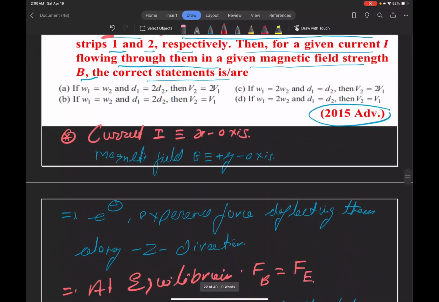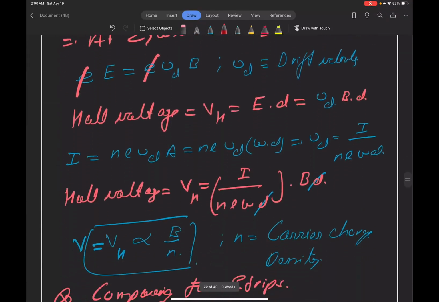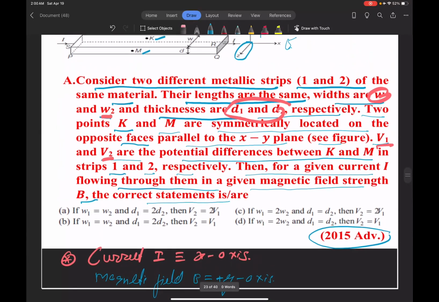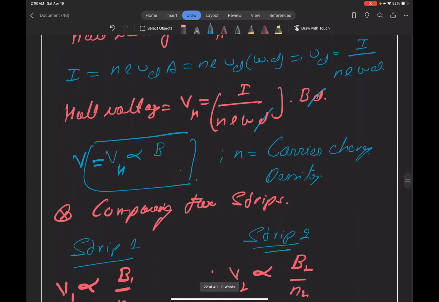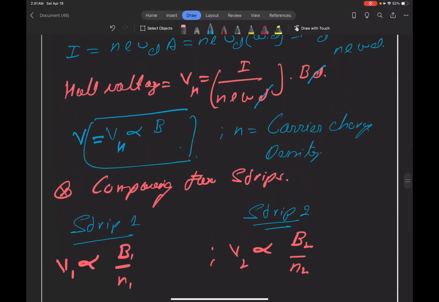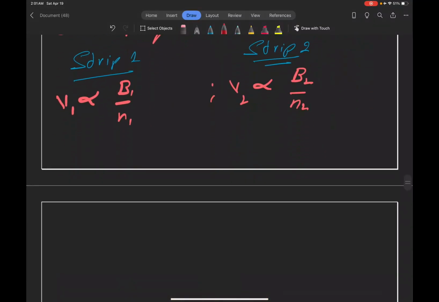So here let me check, the widths are also different. So we have to modify this. So you can say it is proportional to B, and there is no d, so d doesn't matter, and we have different widths, that is our W1 and W2. So we have our B and we have our n and we have our W. So here we can write W1 and here we can write W2.